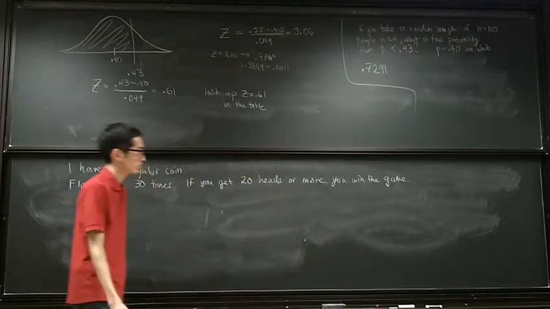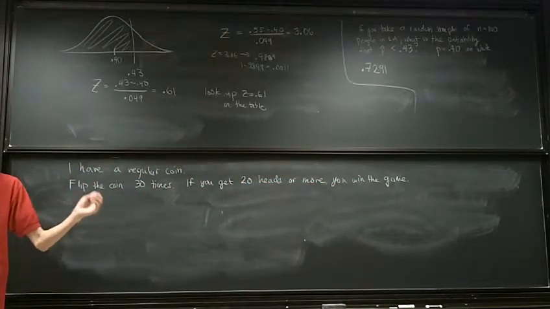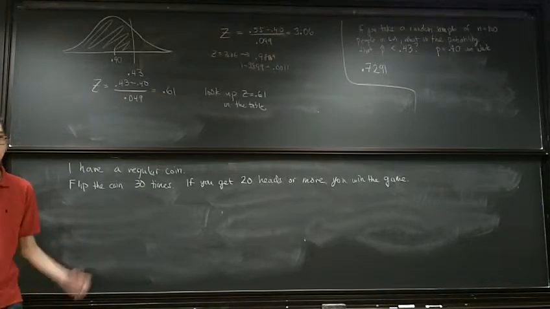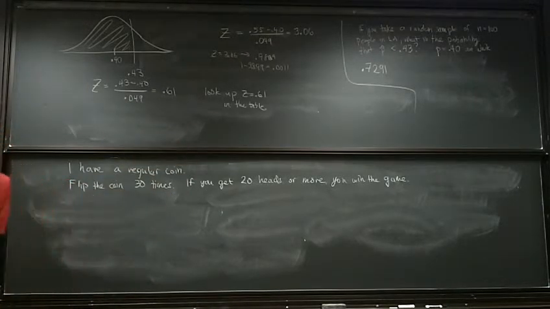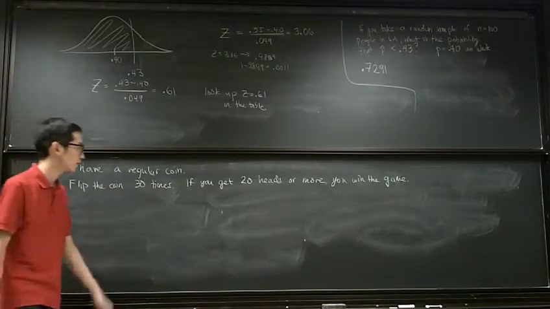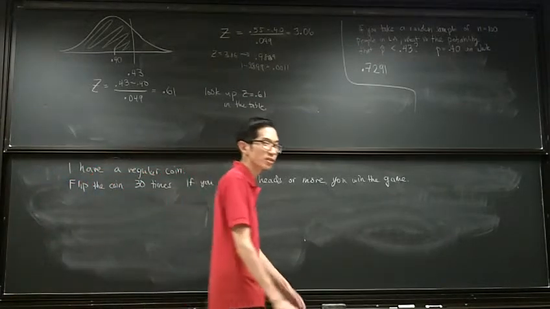Simple enough, right? Flip the coin 30 times, 20 heads or more, you win. So what's the probability of winning this game?